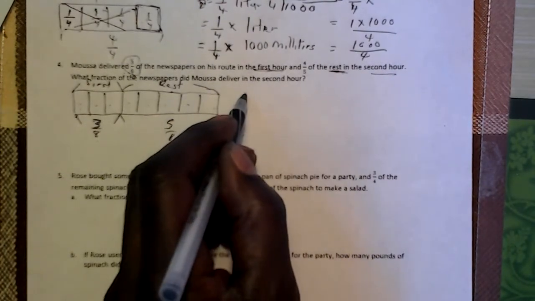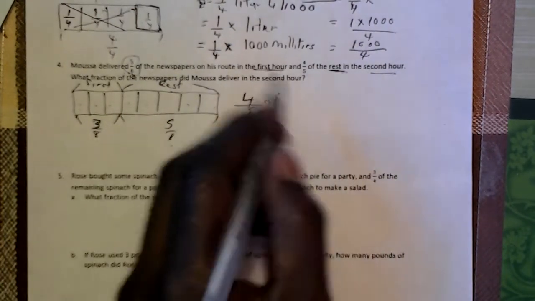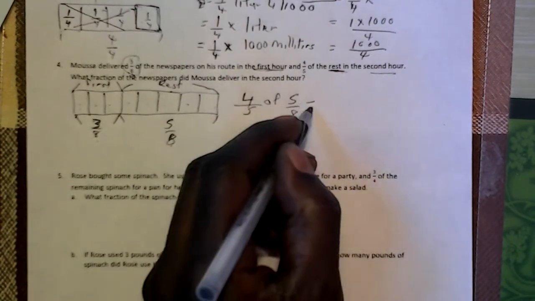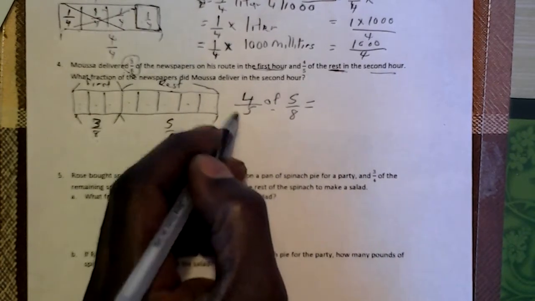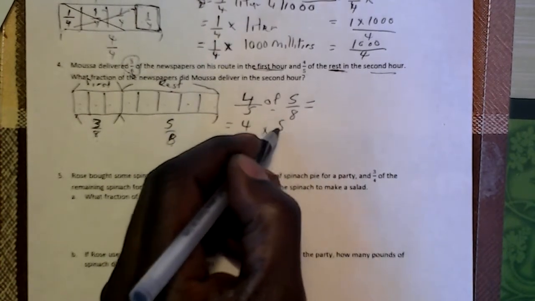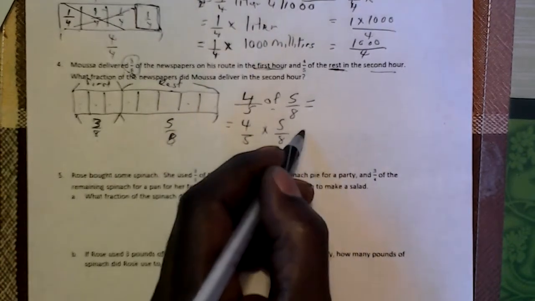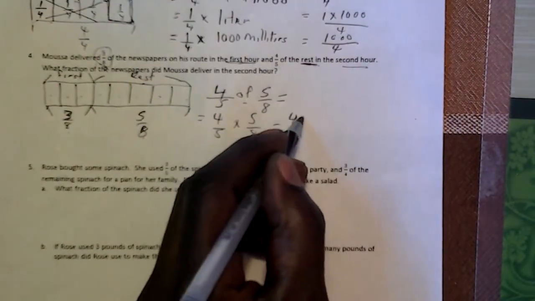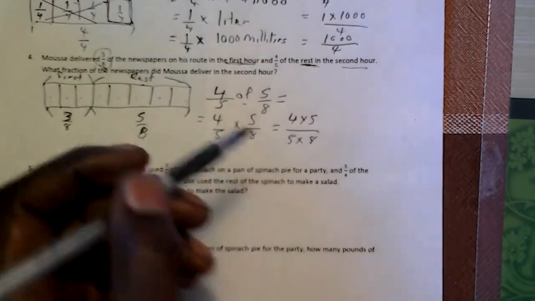We need to find 4/5 of 5/8 equals, now let's write it below, what does the word "of" mean? Times. Very good. So 4/5 times 5/8, equals 4 times 5 over 5 times 8.